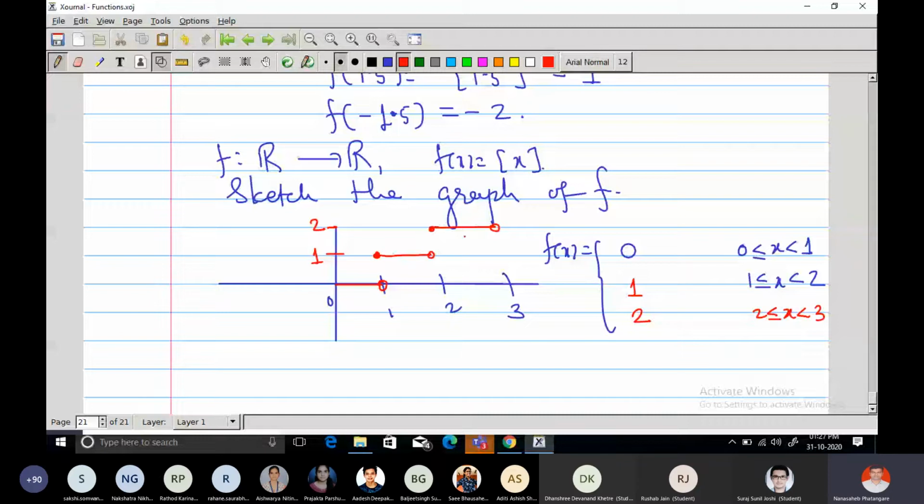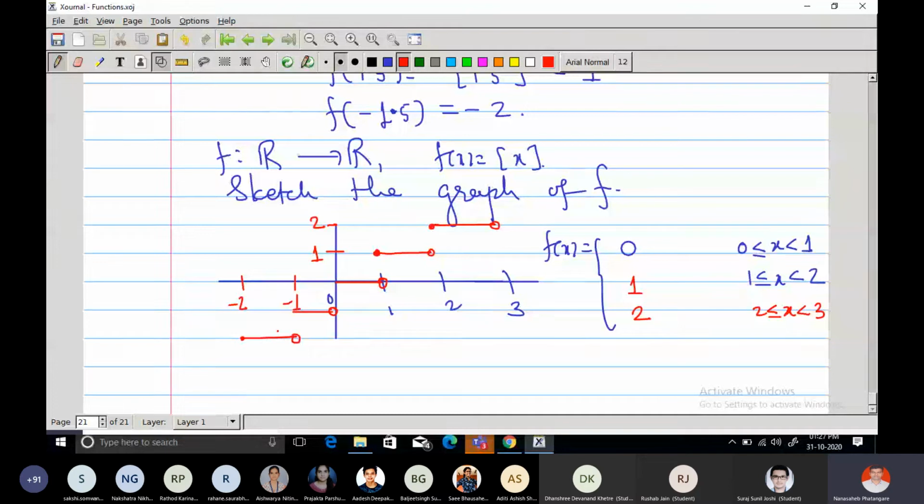In that way you can have a graph. From minus 1 to 0 the value is minus 1, and at 0 the value is 0, with a hollow circle here. From minus 2 to minus 1 it is minus 2. In this way you can look at the graph of this function.